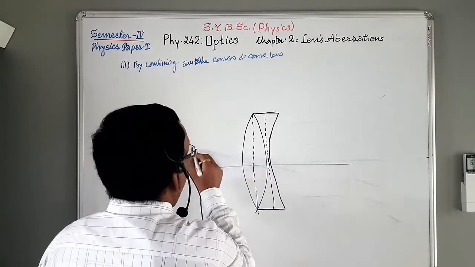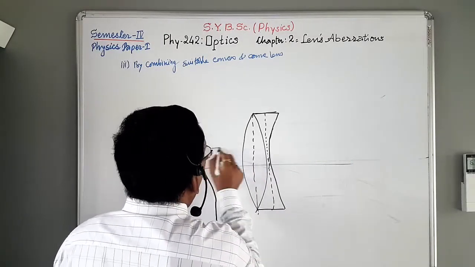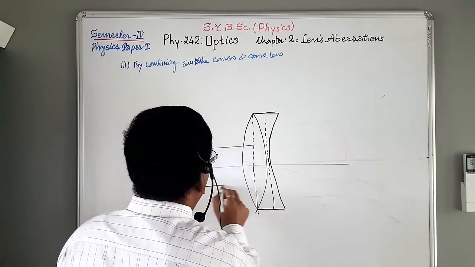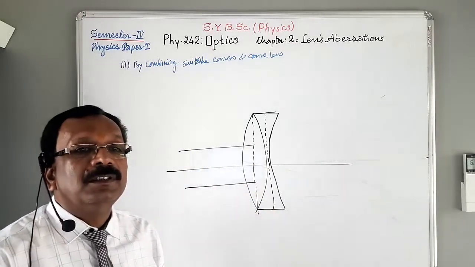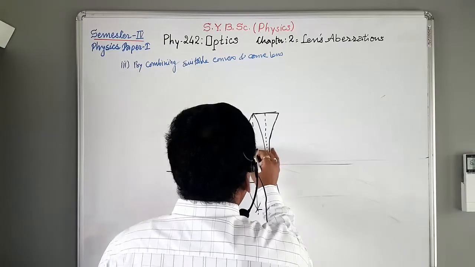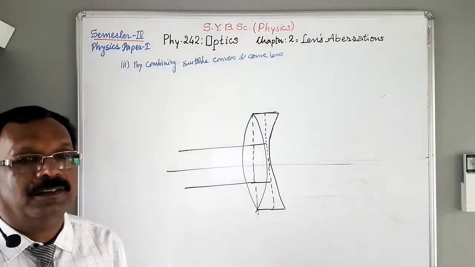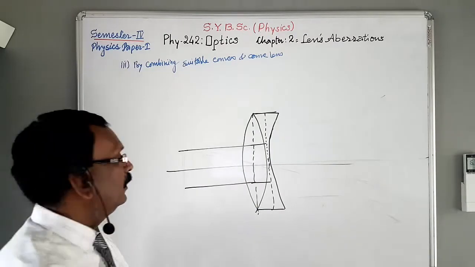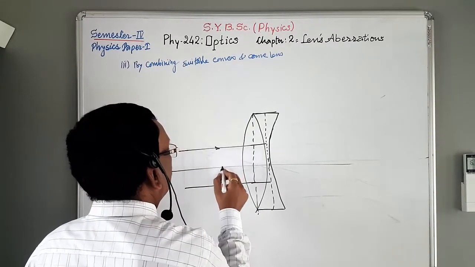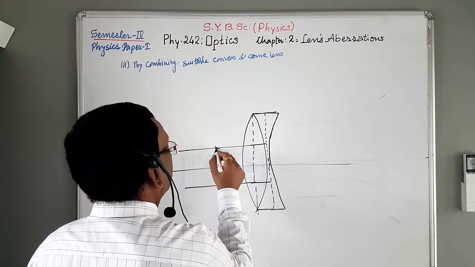So, when paraxial rays come and focus to this point, these are paraxial rays, shown by the arrow like this.